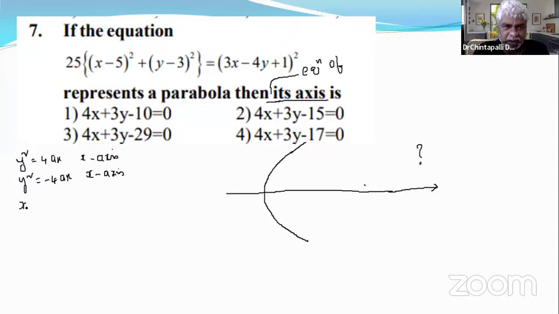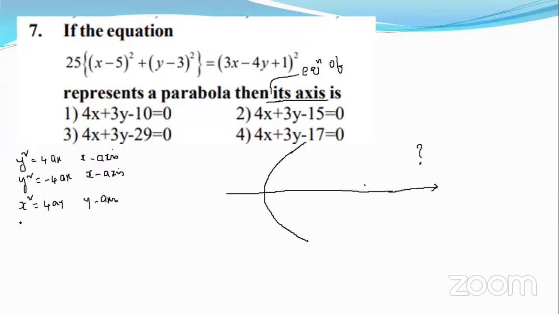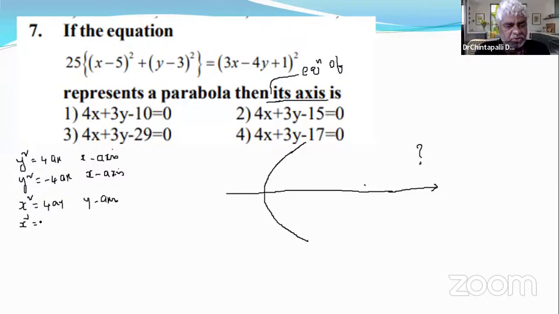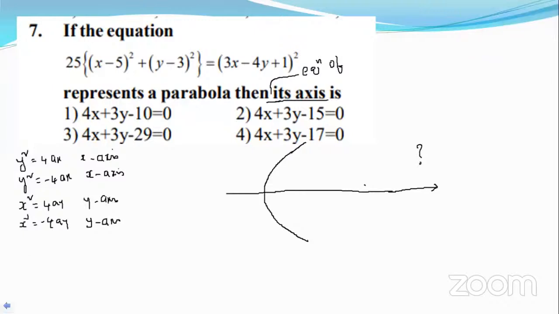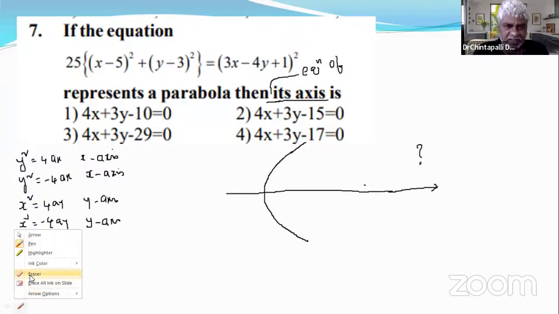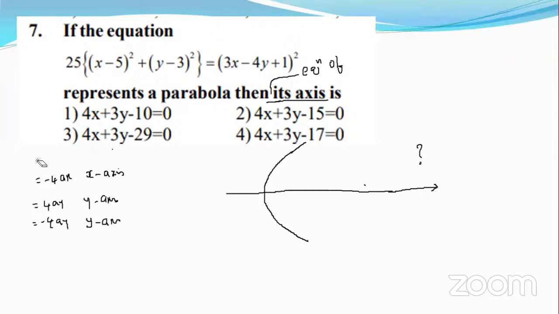If the equation is x square is equal to 4ay, then the axis is the y-axis. If x square is equal to minus 4ay, then the axis is the y-axis, right? Next four cases.